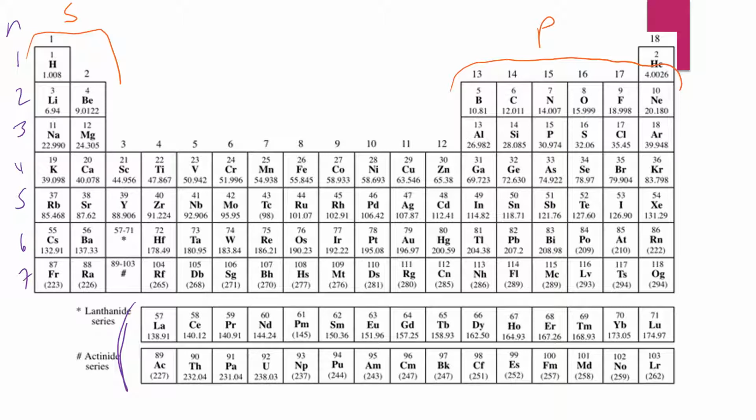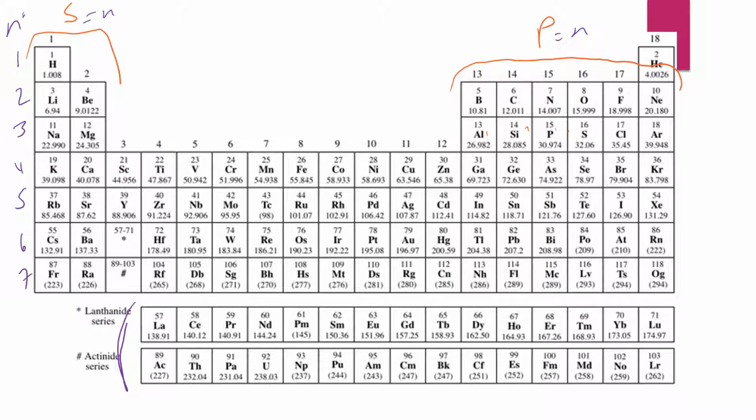Just like sulfur is in the P block, in the third row, and it's 1, 2, 3, 4, so you know that sulfur ends on 3p4. So the energy level that S is in is equal to N, the same as the row number on the table.